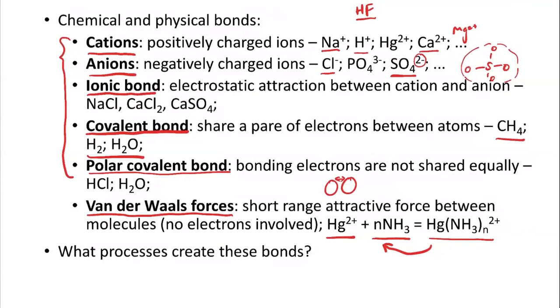So here we talk about different types of bonds, different types of compounds, right? But what are the processes that create these bonds? You know that from the birth of the universe, we just get these elements, right? But how these elements form compounds is actually because of the reactions, okay?